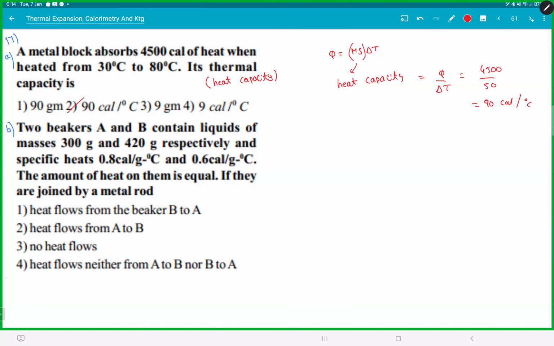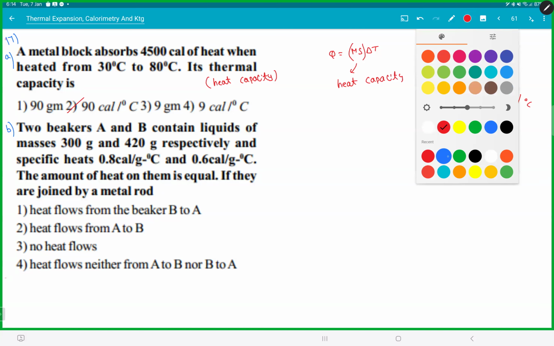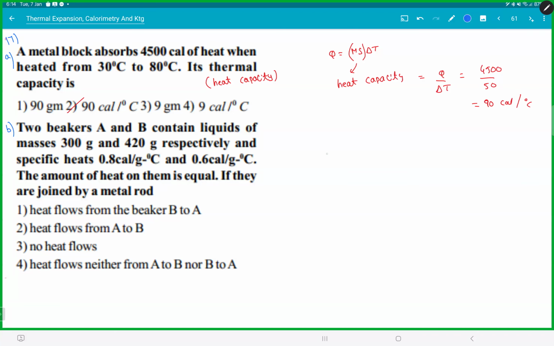What about B? In this, it is said both of them have the same amount of heat. So Q is equal to MA SA TA is equal to MB SB TB. This is 300 into 0.8 TA is equal to 420 into 0.6 into TB. This guy is 240.